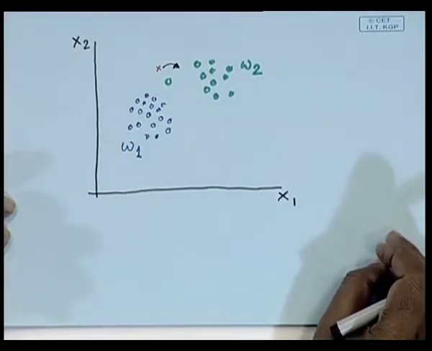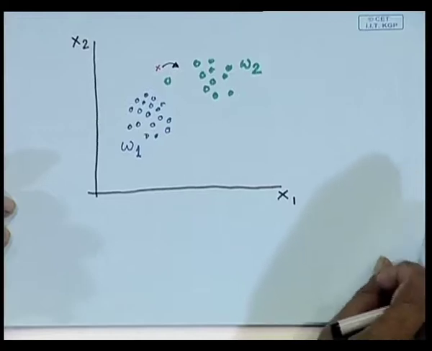So, a solution to this is that instead of taking a single point which is nearest to the unknown sample, you take a pre-specified number of points which is more than 1. Then try to classify this unknown sample to one of the classes based on a voting mechanism given by those training samples, where the number of training samples is pre-specified.